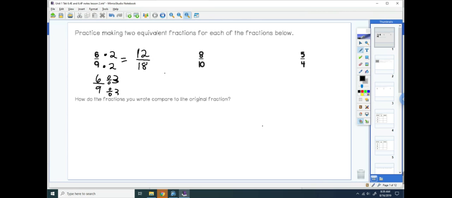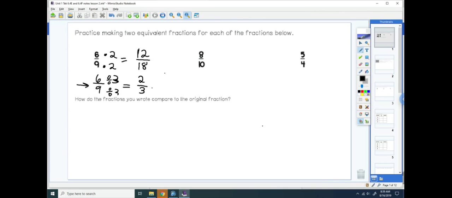So 6 divided by 3 is 2. 9 divided by 3 is 3. So it's 2/3. That means 2/3 is equal to 6/9, and it's also equal to 12/18. They're all the same fractions, even though the numbers are changing, they're still related to each other.